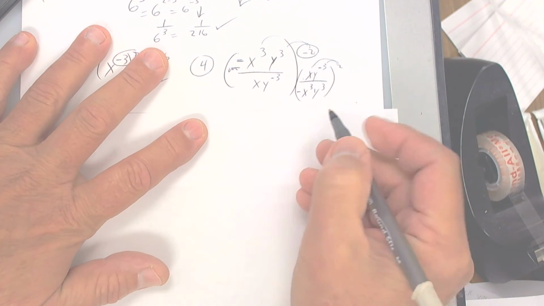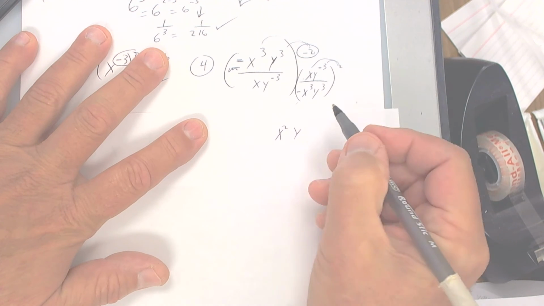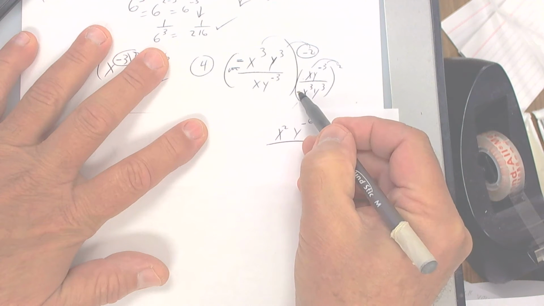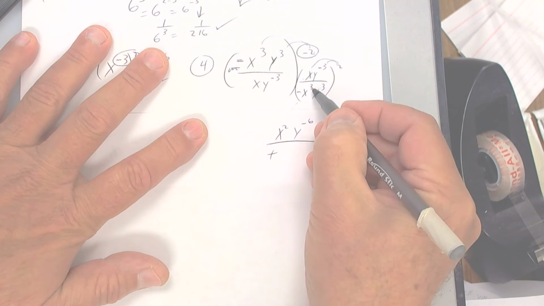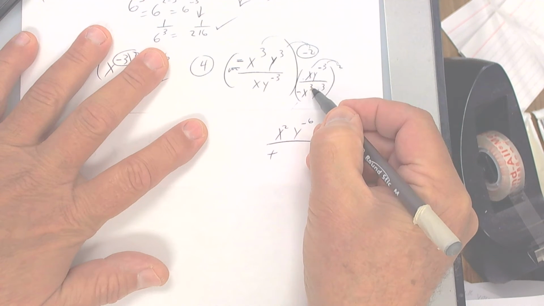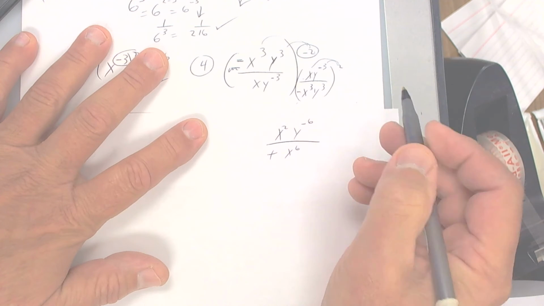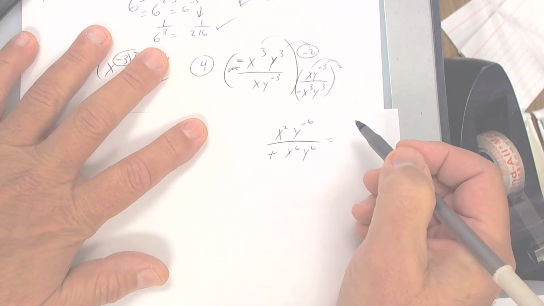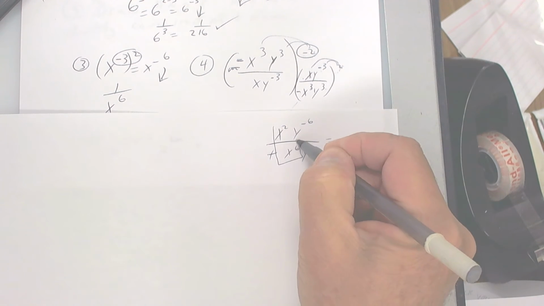So this right here becomes x squared. This is going to be a power to a power, so that gives you y to the negative 6. This is a negative squared, so that becomes a positive. This becomes a positive to a positive, or an exponent to an exponent, that becomes x to the 6th. This is a power to a power, so that becomes y to the 6th. Now, what I'm going to do here is look at my x's.